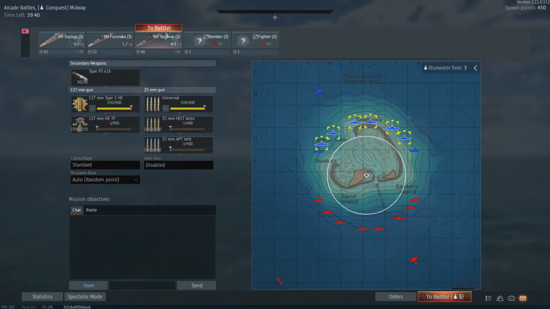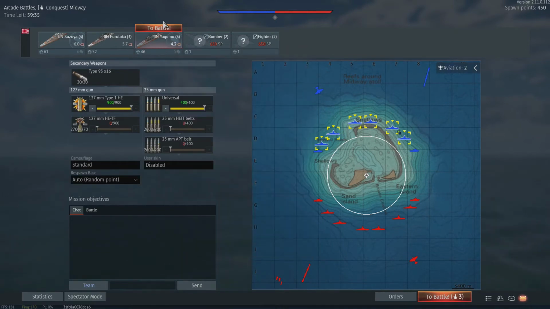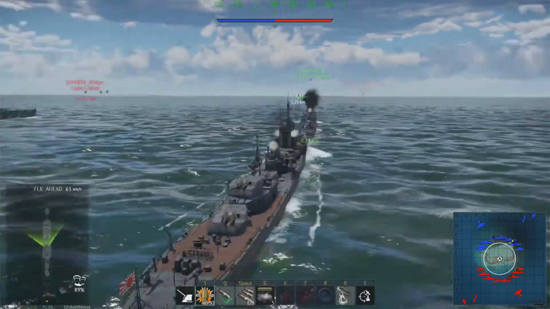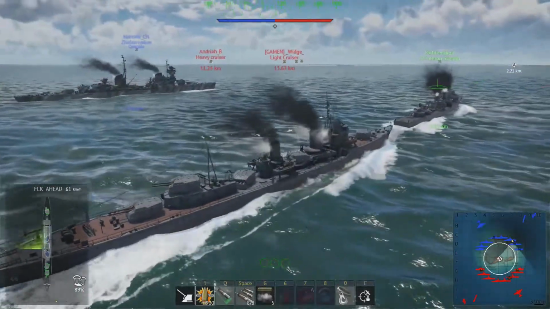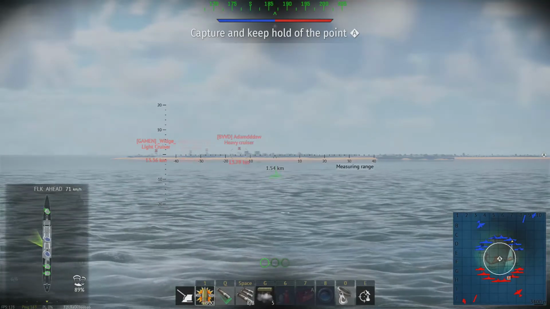Okay, so I'm going to be torping a little bit. This is not the ideal map for using a torpedo ship, but I guess if I can get to the other side, then I could use my torpedoes, which I will be doing.